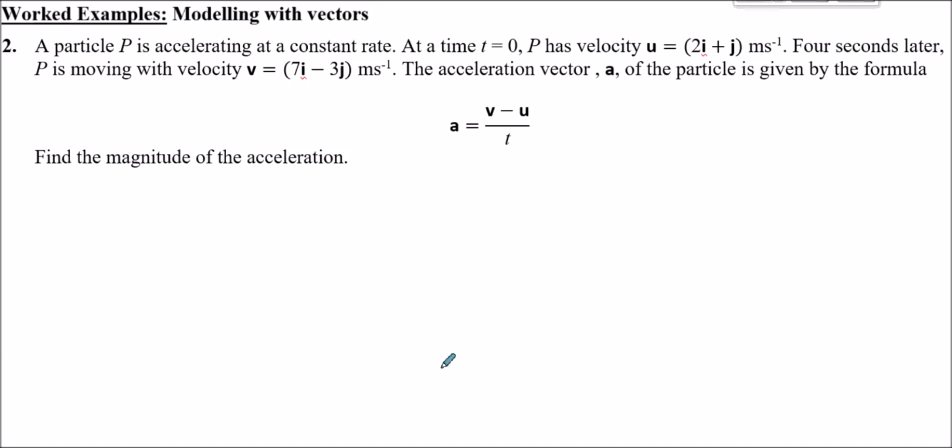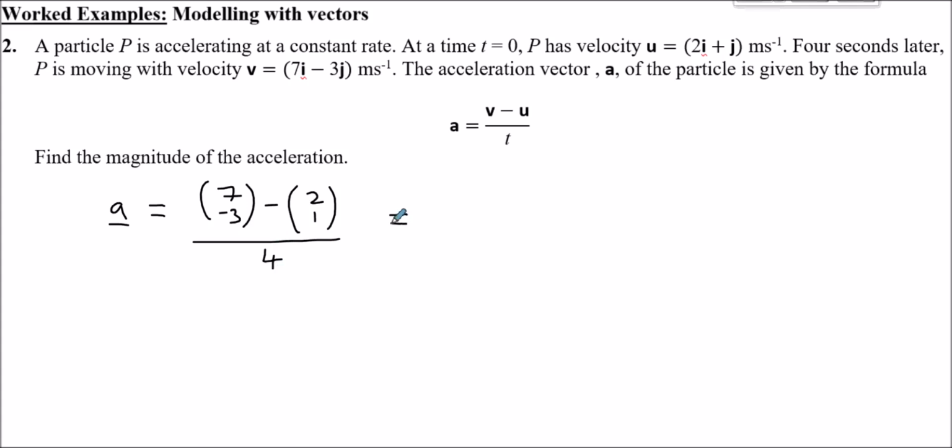So what we need to do first is to actually work out what a is. So a is v, which is 7i minus 3j. I'm going to put this in column vector form. This is just my own preference. Minus u, which is 2i plus 1j, divided by 4.